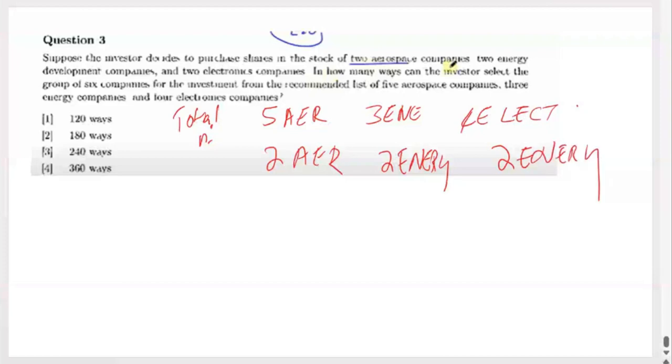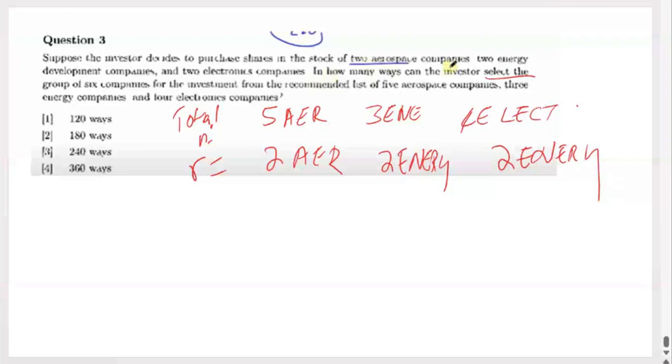So out of 4 electronics, the investor buys 2. So now this, just by reading the story, is equal to your R. Okay, so the investor selects the group of 6 companies. Can you see? Select the group of 6 companies, 2, 4, 6. That means you've got 6 companies.